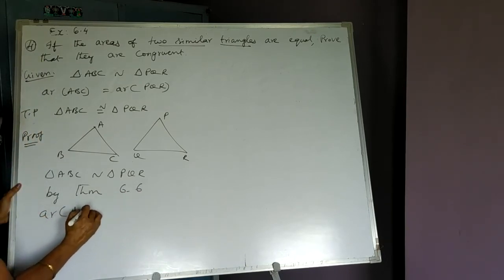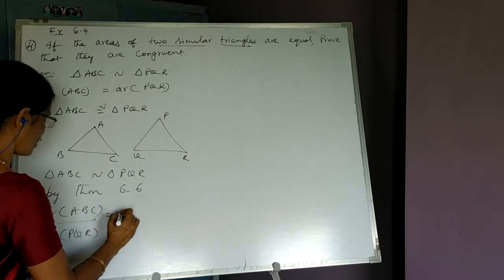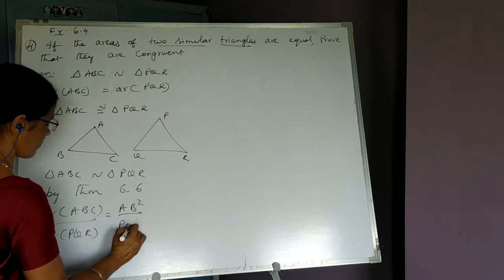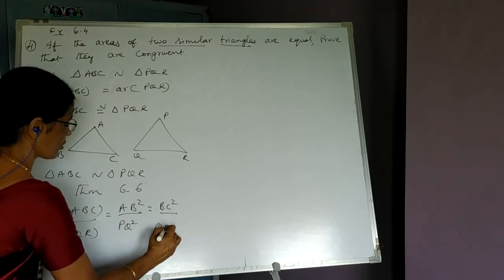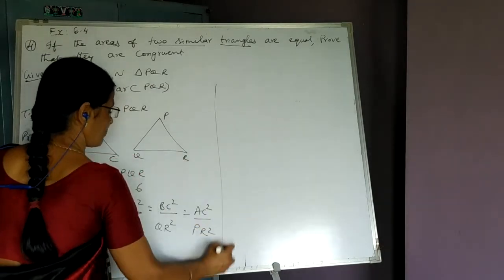According to theorem 6.6, we know the ratio of areas of similar triangles is proportional to squares of their corresponding sides. BC square upon QR square, AC square upon PR square.